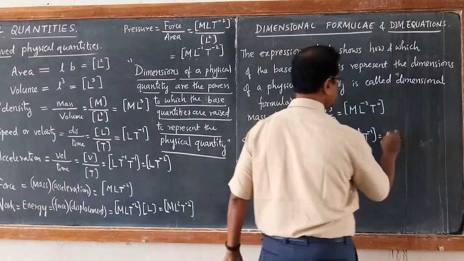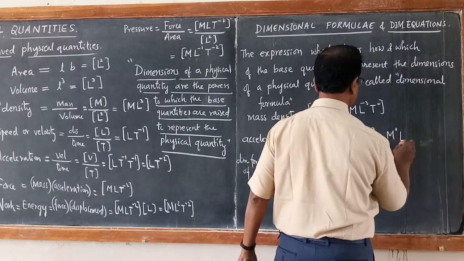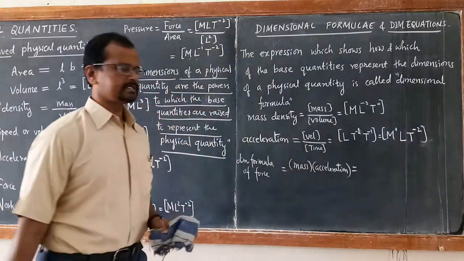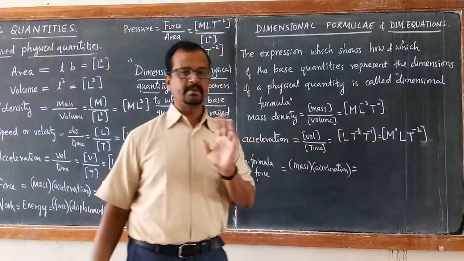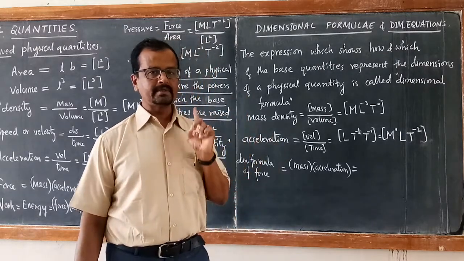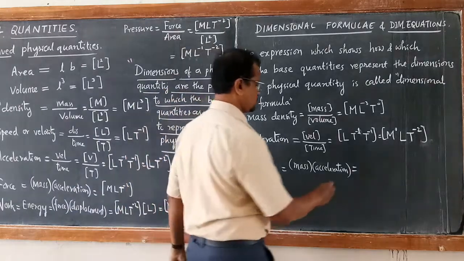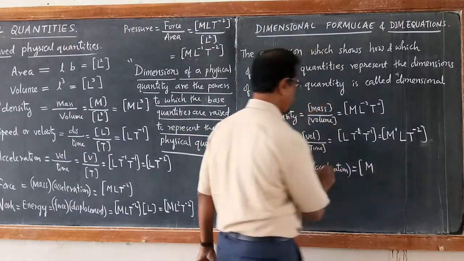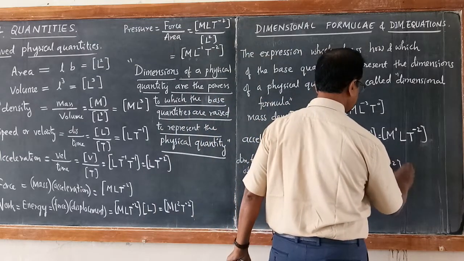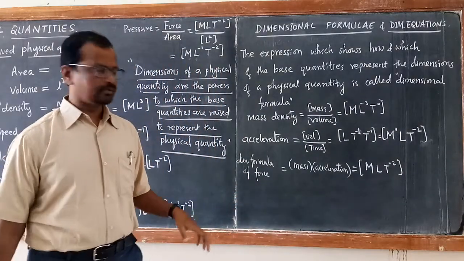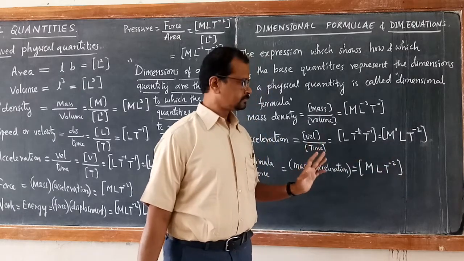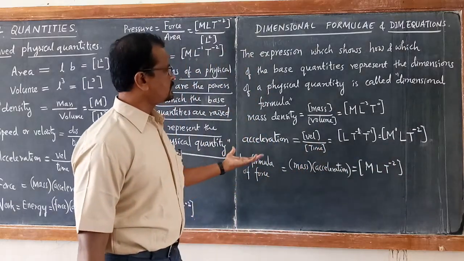I can write it as M raised to 0, L T raised to minus 2. This becomes the dimension of acceleration, and this square bracket is a must. The square bracket should be written, then only it is the meaning of dimension. Now the dimension of mass is M, the dimension of acceleration is L T raised to minus 2. It means the dimensional formula of force is M raised to 1, L raised to 1, T raised to minus 2. So this is how we write the dimensional formula.